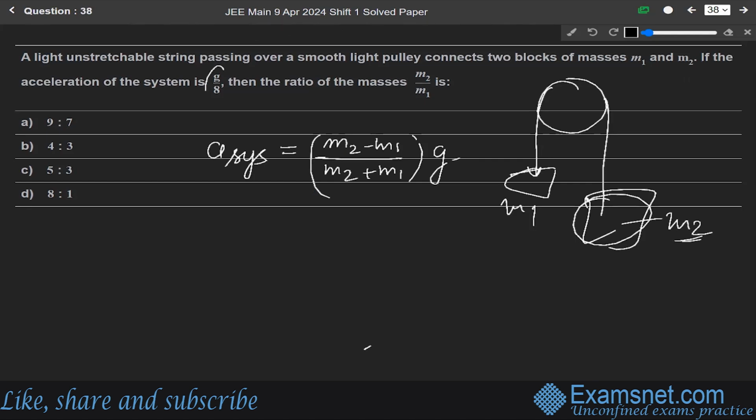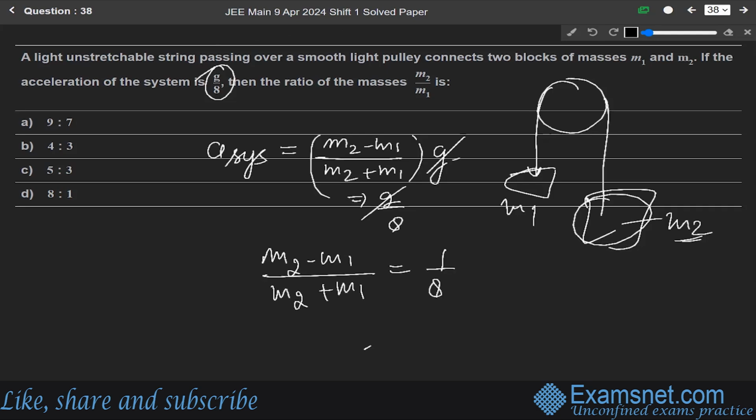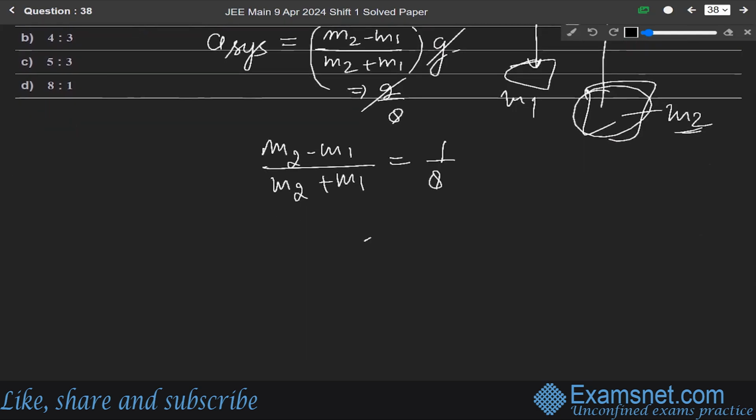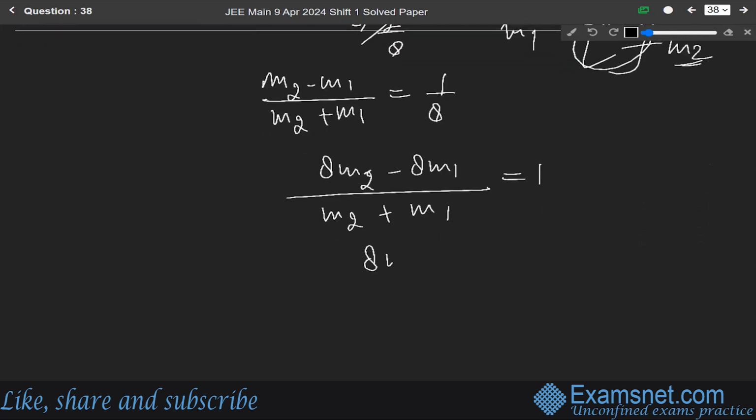And according to the question, it is given as g by 8. So this g cancels out, and we get m2 minus m1 over m2 plus m1 is equal to 1 over 8. Now solving it, we get 8m2 minus 8m1 equals m1 plus m2.